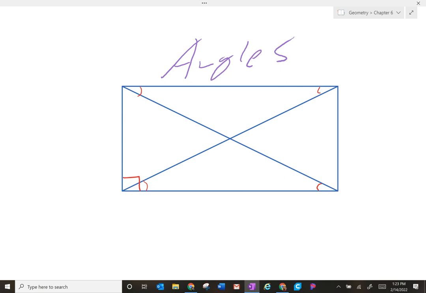Okay, if all 4 of those are the same degrees, that tells me that all 4 of these ones are the exact same. So this one, this one, this one, that one.